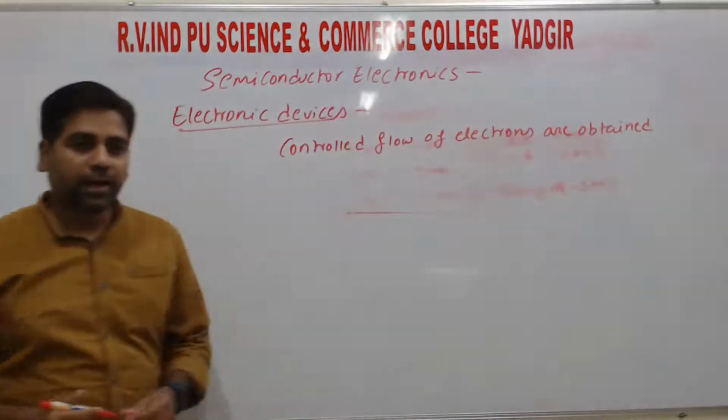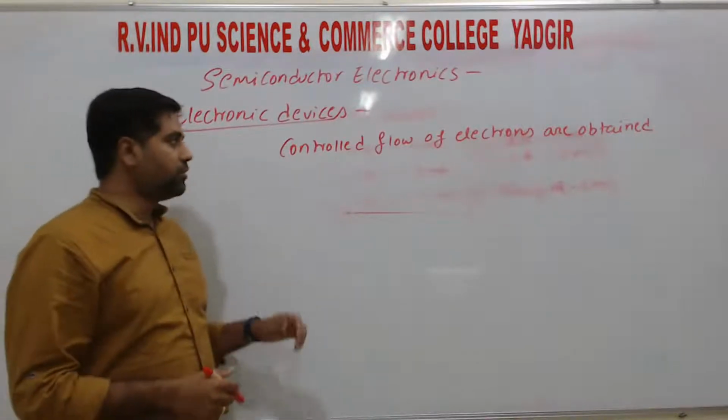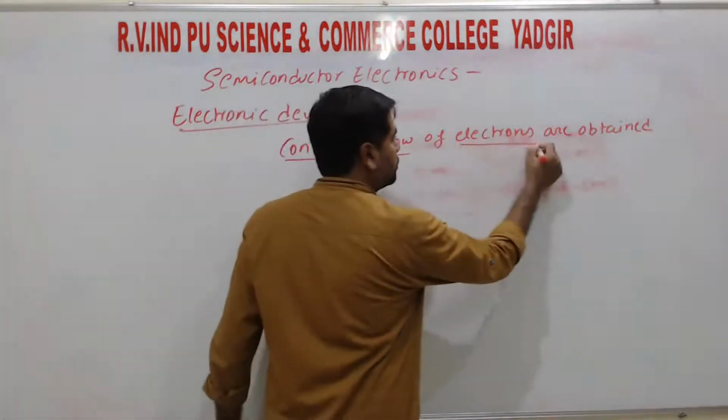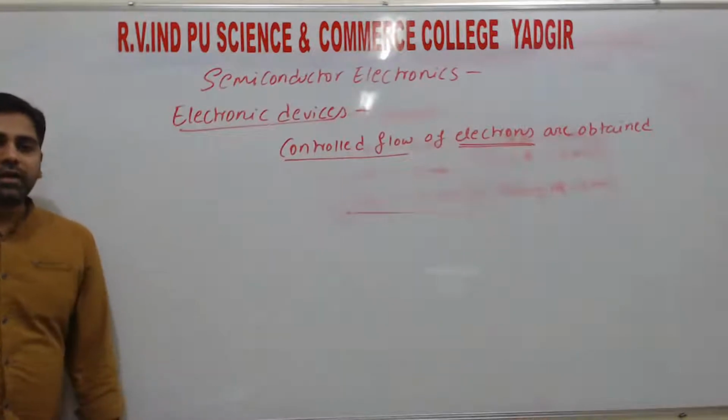Right. So in these devices there is a controlled flow of electrons. So those devices we call electronic devices.